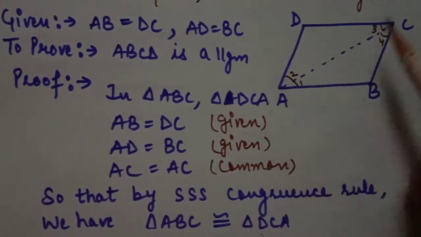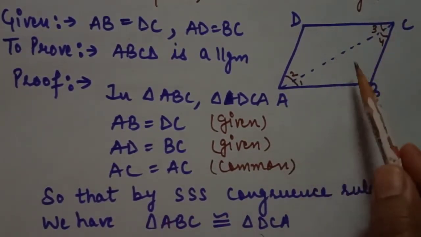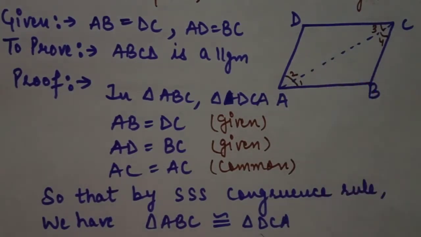It means a diagonal of a parallelogram divides it into two congruent triangles. If these two triangles are congruent, then according to theorem 8.1, it is a parallelogram. It is also possible, so the choice is completely yours. If you go with the second method, then you have to write the statement of 8.1 also. So students, this is your theorem 8.3.